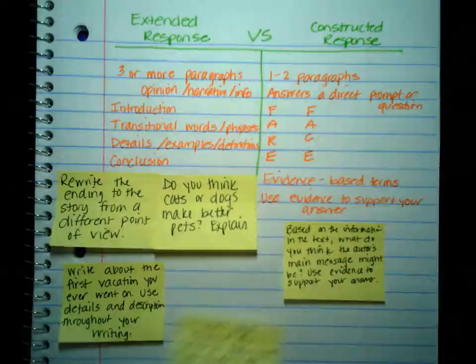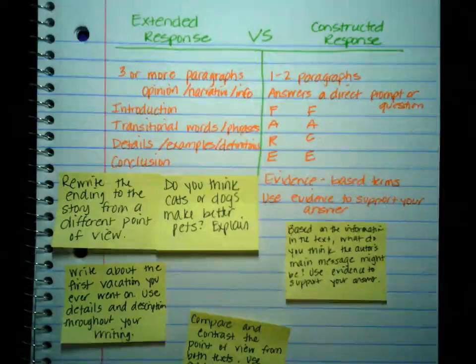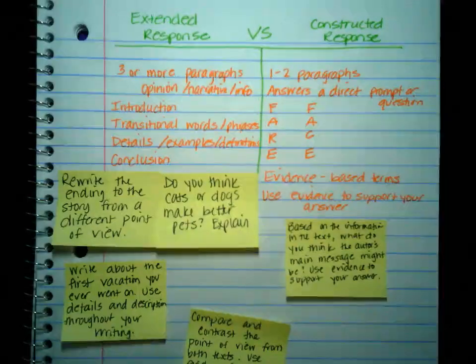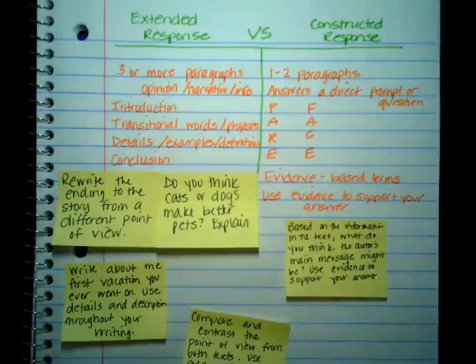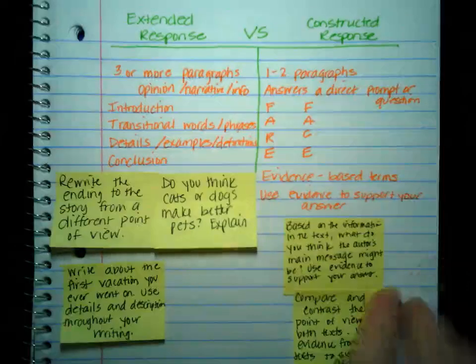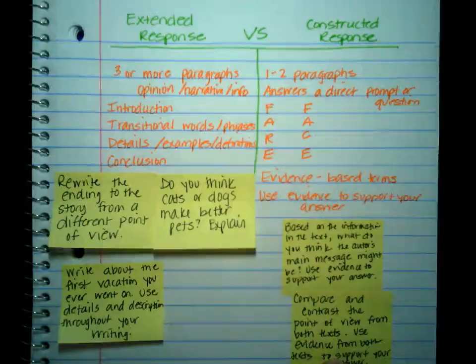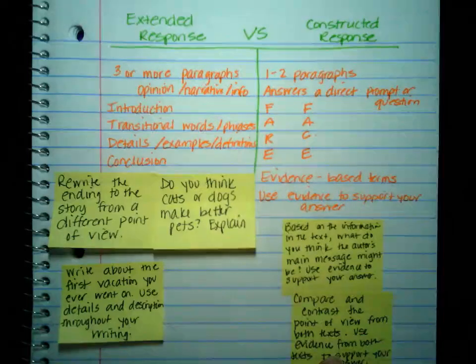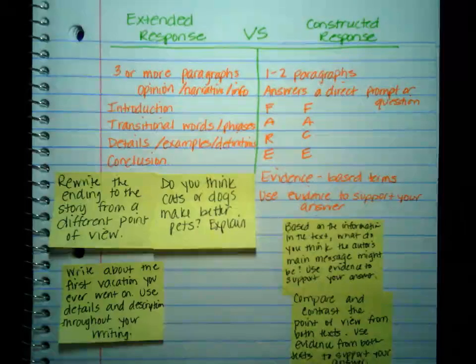What if you had the prompt, compare and contrast the point of view from both texts. Use evidence from both texts to support your answer. This is going to be a constructed response question, okay? The constructed response is going to be directly from the text that you've read, and you have to use your evidence to support it.